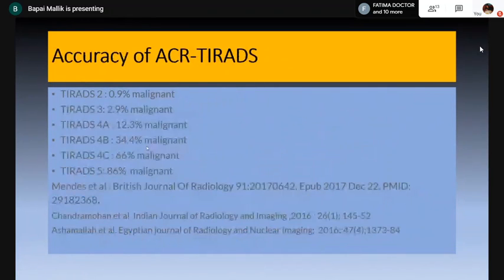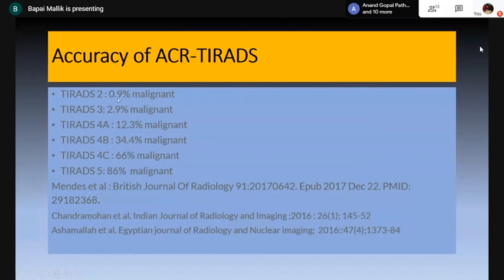And the risks of malignancies are as follows. If somebody is called TIRADS 2, if you call 1,000 cases TIRADS 2, only about 9 of them are actually going to turn out to be malignant. So pretty low number, 2.9% malignancy in TIRADS 3. It keeps going up in TIRADS 4, and almost 86% malignant in TIRADS 5, according to articles which have been published recently, one by Mendes et al.